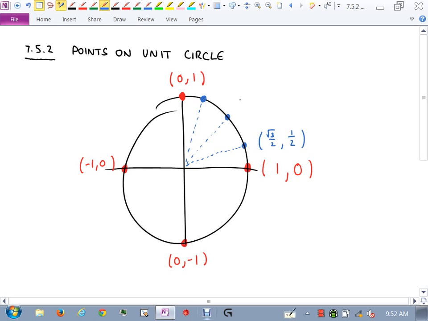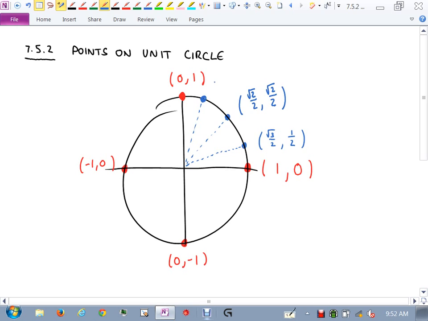Okay, the next point at the 45 degree mark, x coordinate is root 2 over 2, y coordinate is exactly the same. Does that make sense that that would be true? 45 degrees, however far you go out is the same distance you go up. And again, you just have to memorize that it's root 2 over 2, root 2 over 2.